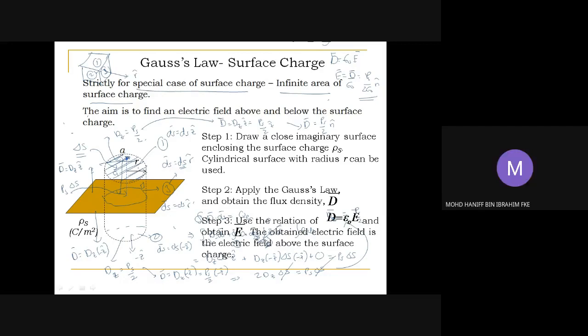Yes. Okay, so knowing that, for your flux produced by this infinite area of surface charge, the flux is whether normal upward or normal downward. Am I right, for the case of an infinite area of surface charge? Agreed, Wei Han?